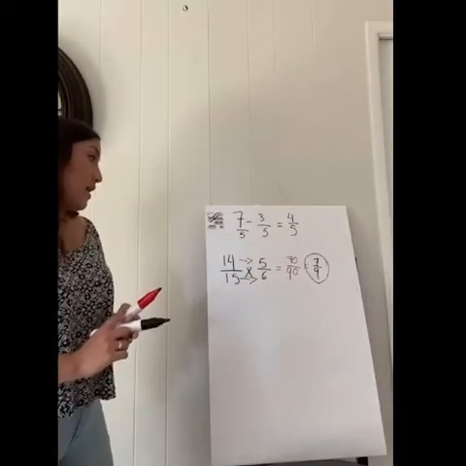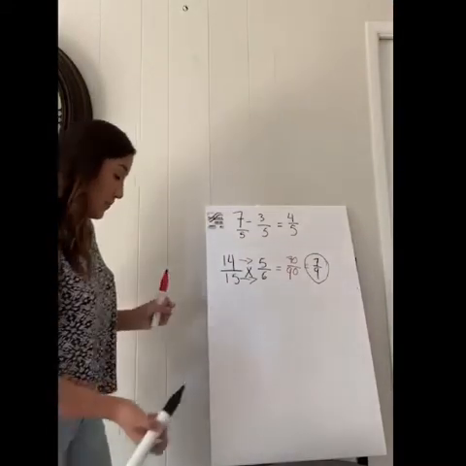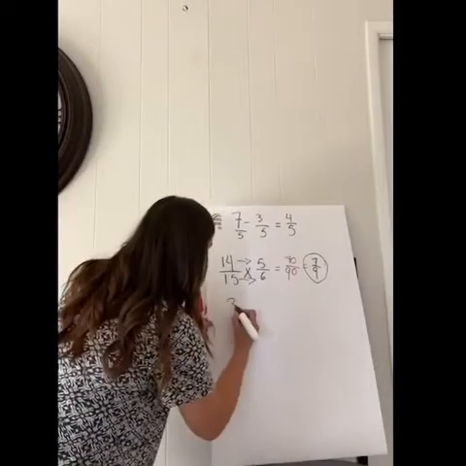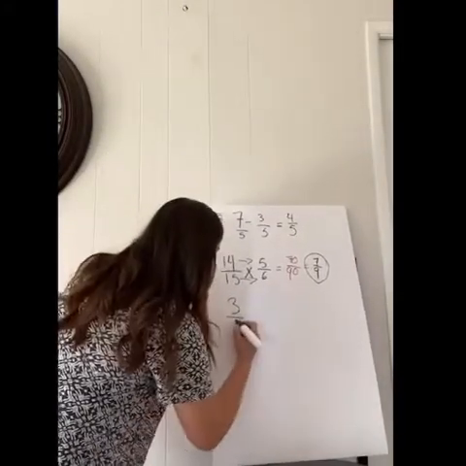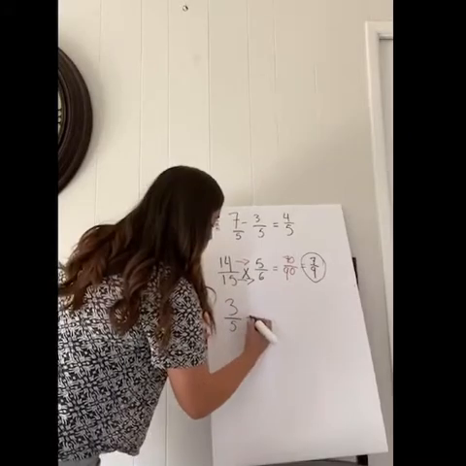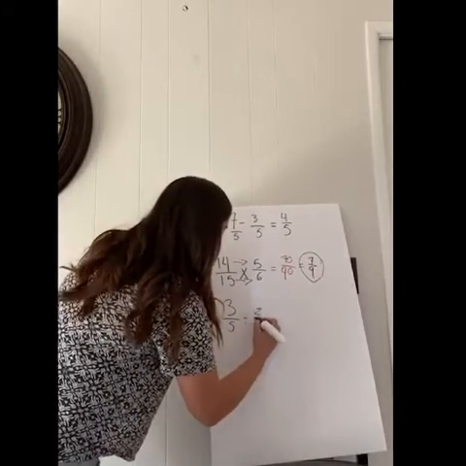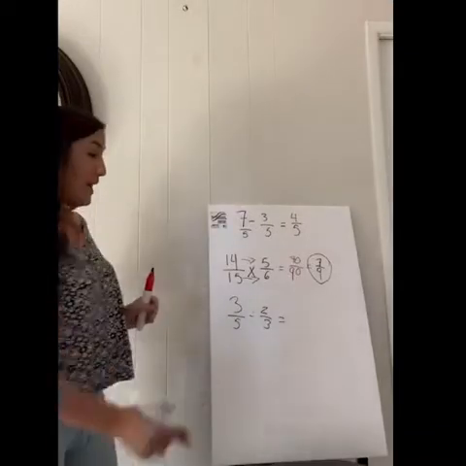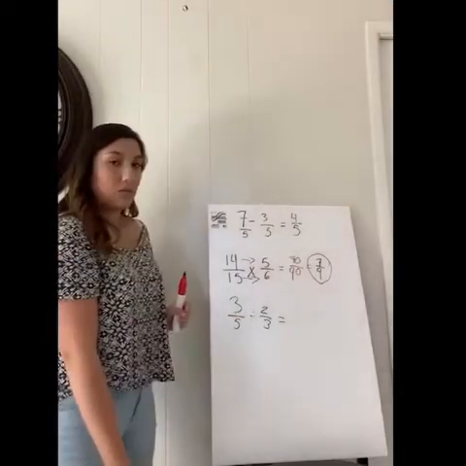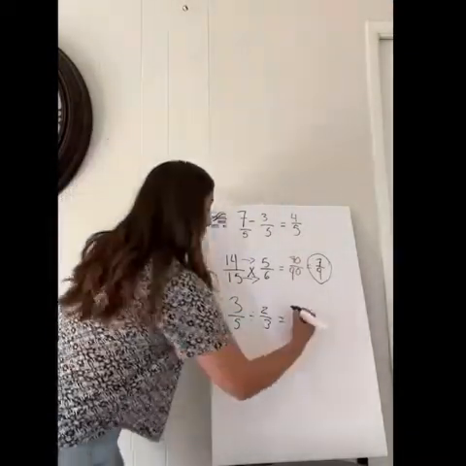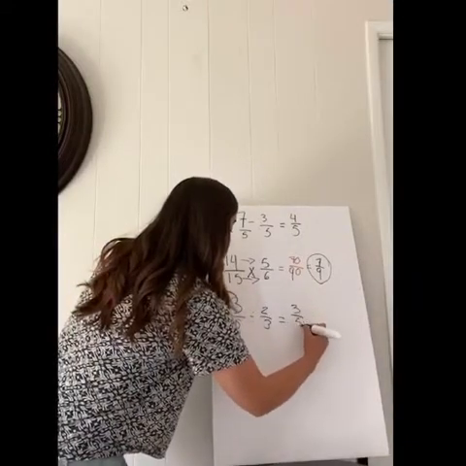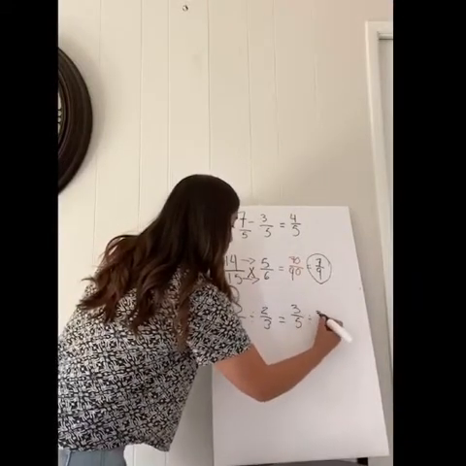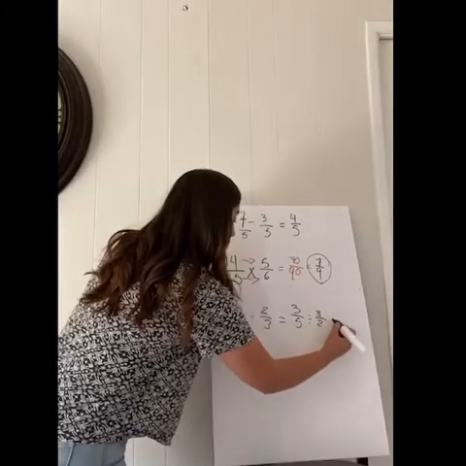So let's say for division, this is the way you would do it. Let's say you have 3/5 divided by 2/3. Now we don't know why, but they ask us to flip this too. So now this equation would become 3/5 divided by 3/2.